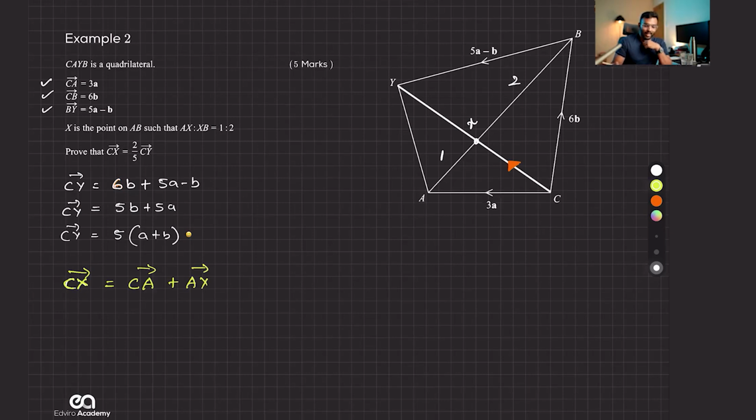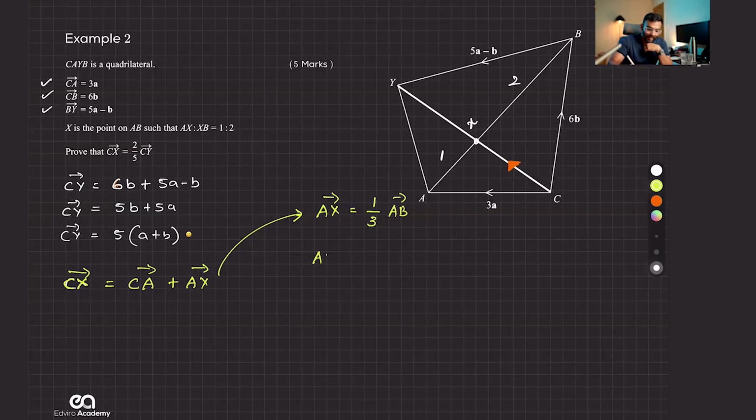C to A with A to X. But the problem is C to A is already known, but A to X I have no idea. But A to X could be found out. What is A to X, guys? It is 1/3 of AB. Would you all agree?